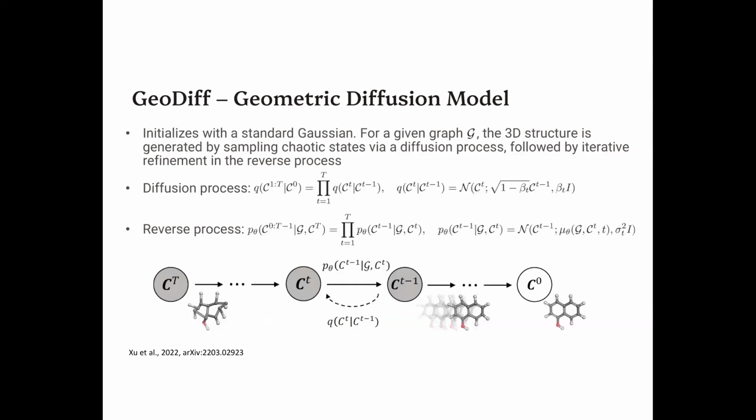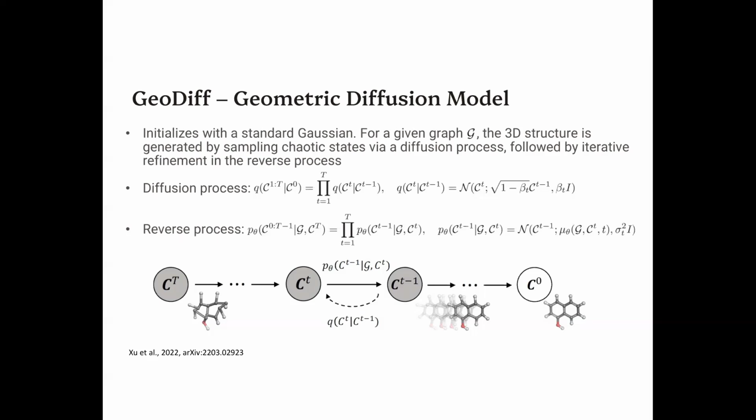So the proposal is to use GeoDiff, which is a geometric diffusion model. It starts with a Gaussian standard conformer. We start with a given graph G, and the 3D structure is generated by first sampling chaotic states, which are obtained via the diffusion process, and then through an iterative process, which is the reverse process, learned by a neural network.